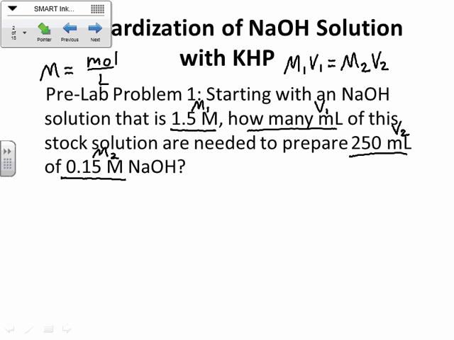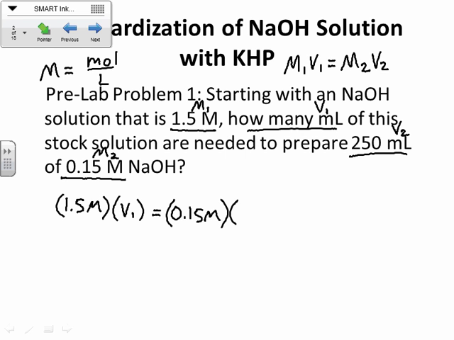Basically what you're trying to figure out is how many milliliters of the more concentrated NaOH do I need to put in, and then dilute it to 250 in order to make it a 0.15 molar solution instead. You'll just plug this into the equation: 1.5 molar times V1, whatever V1 ends up being, that's what we're solving for, equals 0.15 molar times V2.